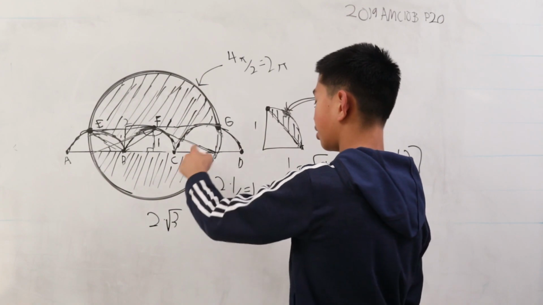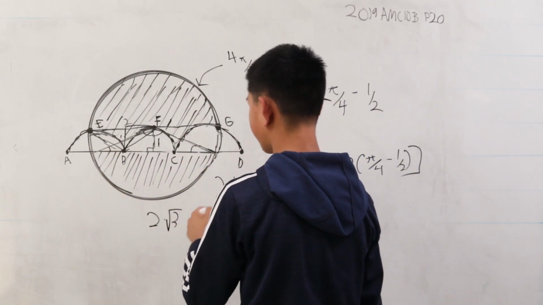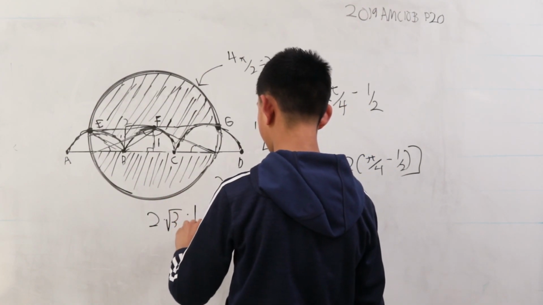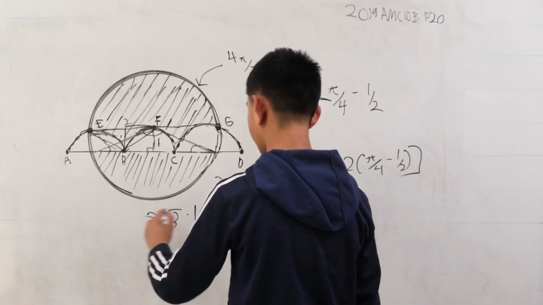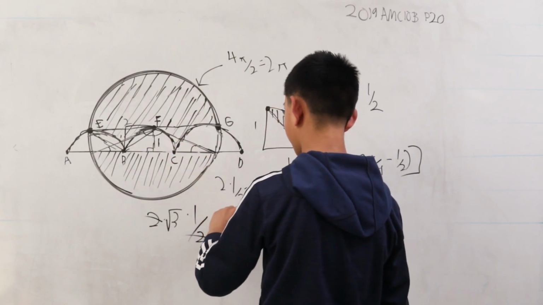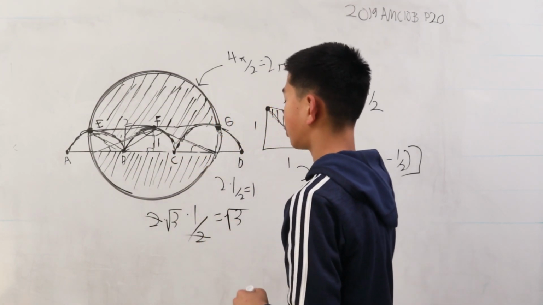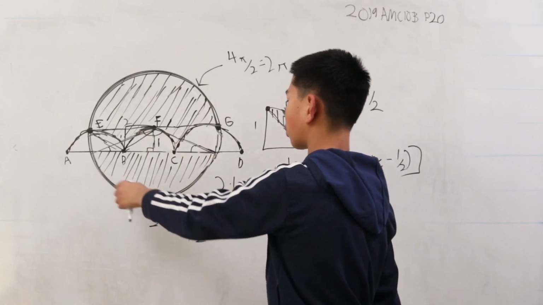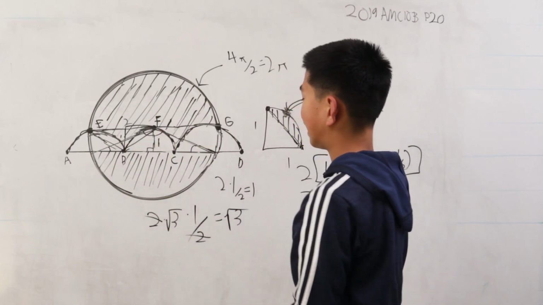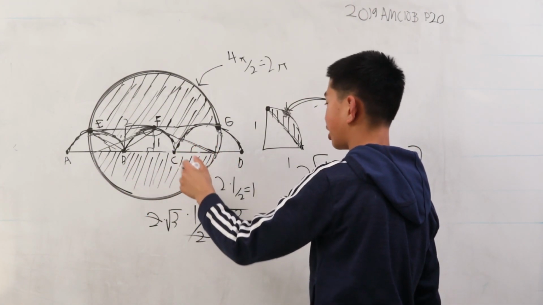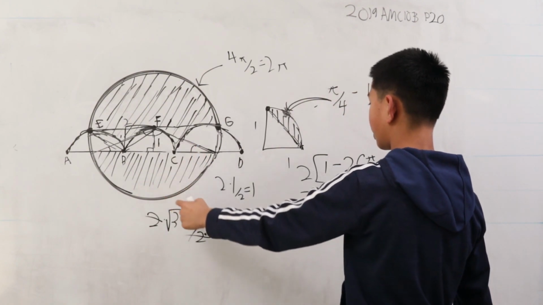Since this entire leg is 2 times the square root of 3, and the height is 1, we multiply by 1 and divide by 2 to get this triangle's area of square root 3. That's helpful because if we find this total arc area and then subtract root 3, we get this shaded area. Now, what is this?